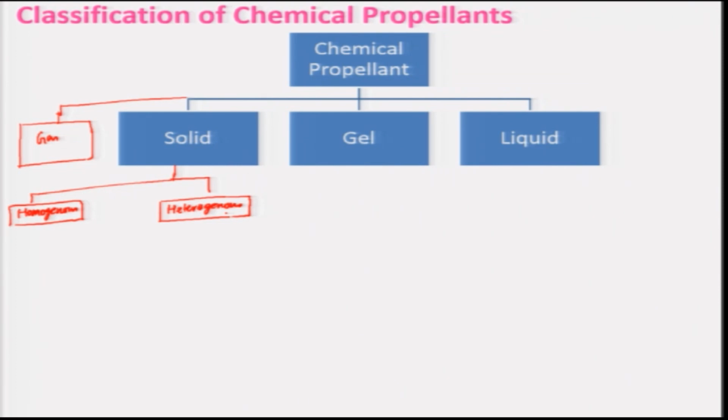The homogeneous propellant is basically one in which the fuel and oxidizer are mixed at the molecular level, whereas in heterogeneous the fuel and the oxidizer are mixed at the physical level, right. And this homogeneous propellant is divided again into three categories.